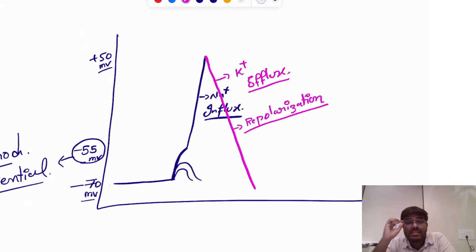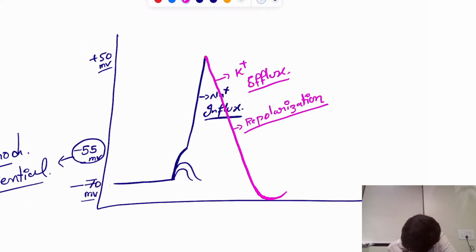Do you know what happens? Sometimes more potassium will go out of the cell. More and more potassium is going out of the cell. When potassium is going out of the cell, what happens? Even the membrane potential will go to minus 90, not just minus 70. So what is this called?